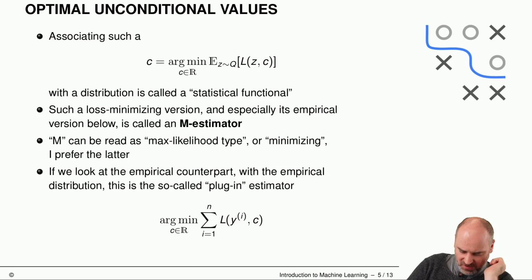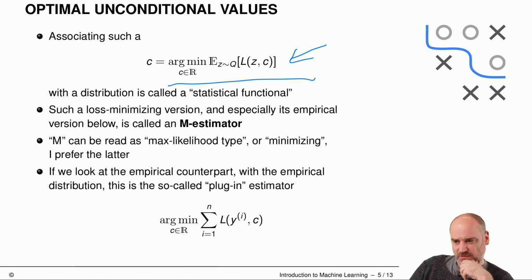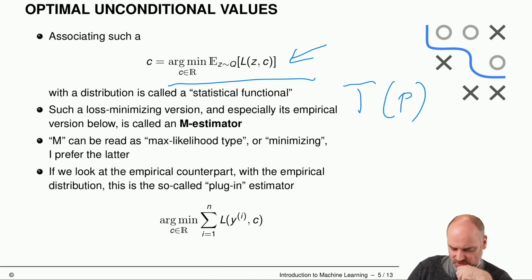So if we associate some value with a given distribution, and it doesn't necessarily need to be in this form here, this is now a pretty general concept. We could say there's some function t, which associates some value with a given distribution, capital P. This is usually called a statistical functional.